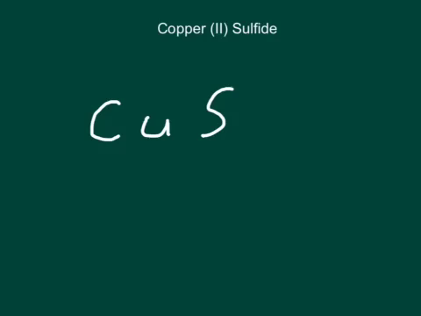Well, I do know copper's oxidation number is +2, and I know that sulfur's oxidation number, I can figure it out because it is an ionic bond. It's an ion. It has 6 valence electrons, so it's going to gain 2, meaning it's going to have a charge of -2 if it gains 2 electrons.